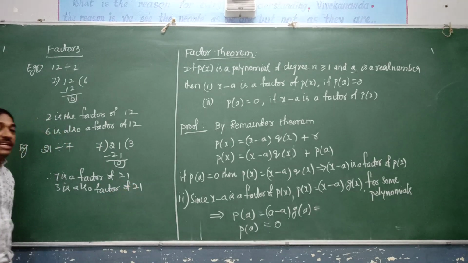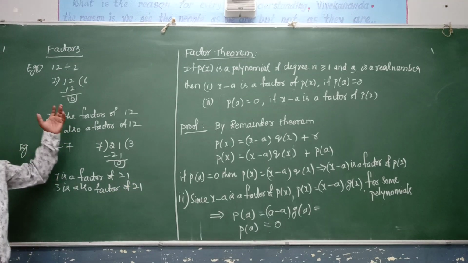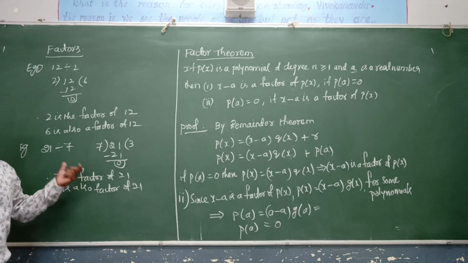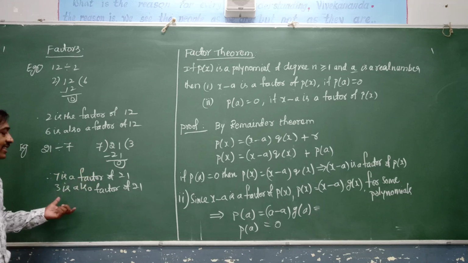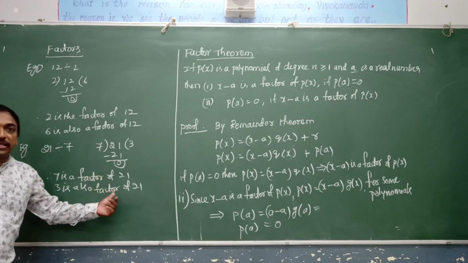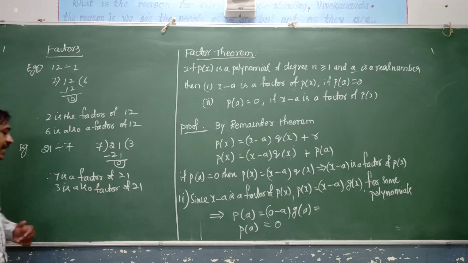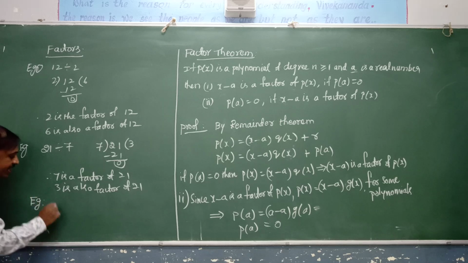This is how we obtain it. If you obtain the remainder as 0, then we say that those numbers are factors.